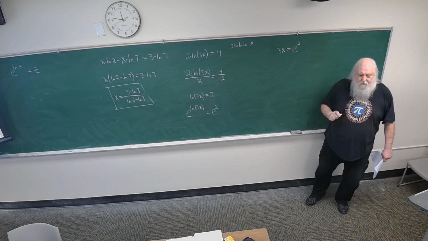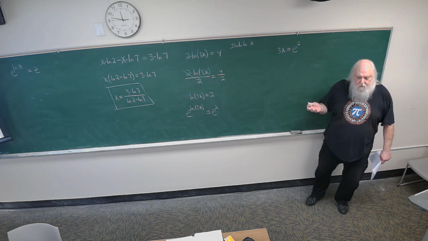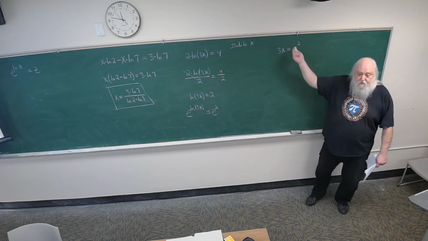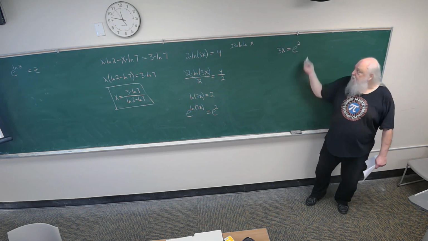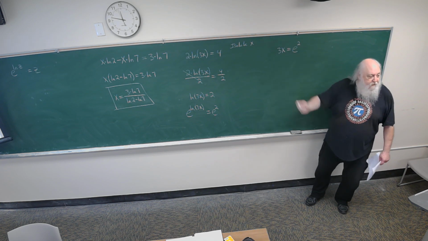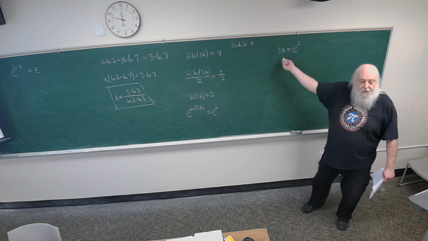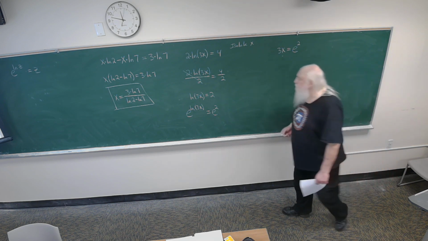Remember what e is equal to? 2.718. So this is like 2.718 squared. Okay. So this is a real number on the real number line on the right-hand side. And now to solve for x, all you gotta do is divide by 3.